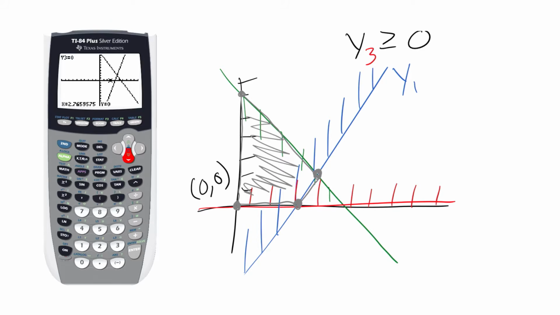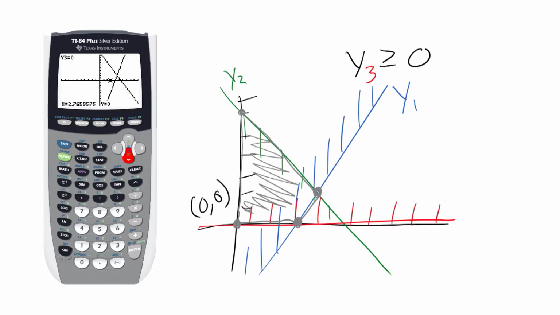All right, so now let's find the rest of our points. Let's start with the top left point. We can see that's where y2, which was our green line, intersects with the y-axis. The way we'll do that one is actually we have that number already.